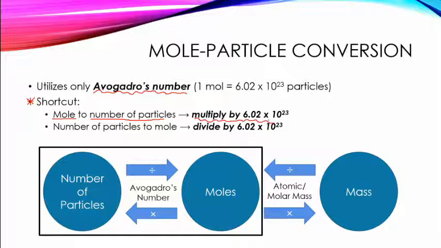Whatever value they give you, you multiply by that number. The opposite, if they give you a number of particles and they ask for moles, you will divide by Avogadro's number. Those are the only two situations you will have: either moles to particles or particles to moles. This is where we're going to start, and then we're going to build on that.